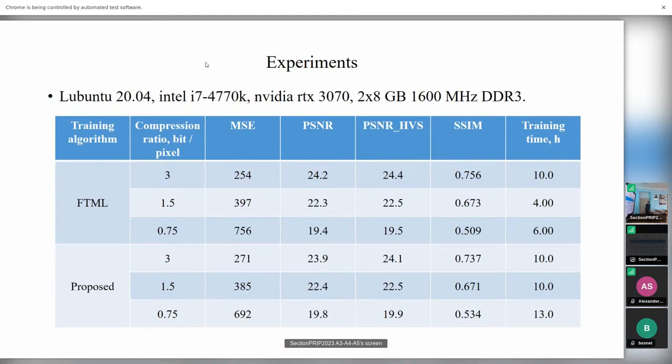We use the most common quality functions such as mean square error, peak signal to noise ratio, peak signal to noise ratio of the human visual system, structural similarity measurement, and of course training time, because our report is about a fast training algorithm. We used two algorithms in experiments: the proposed one and one of the most powerful gradient algorithms which are used nowadays.